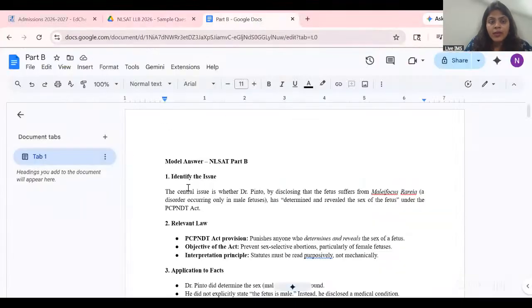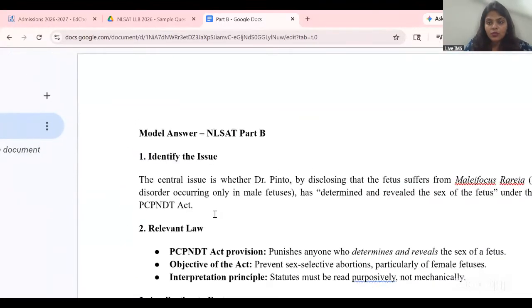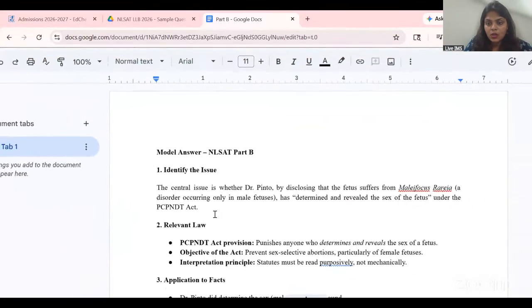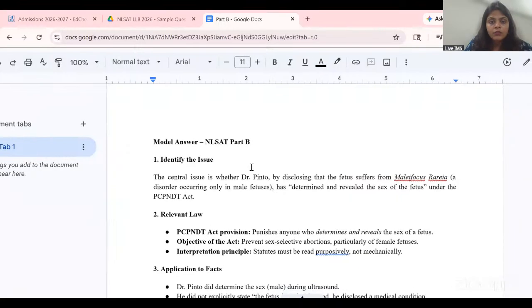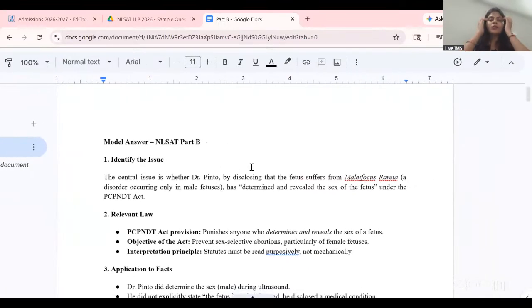Yes, all right. So when you look at my screen here, this is the doc. For the first question, let me zoom in a little bit. How do we actually start writing a particular answer? Identify the issue first. The first and most important aspect is to figure out what the problem is.